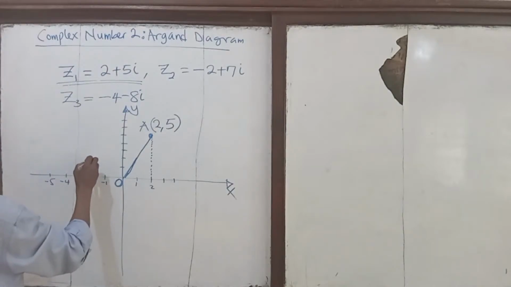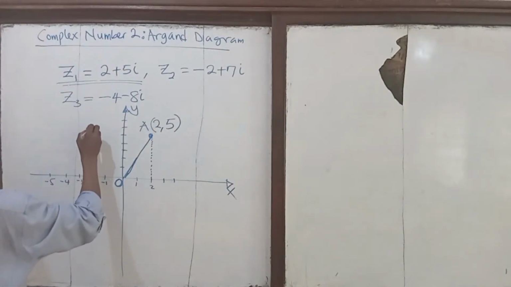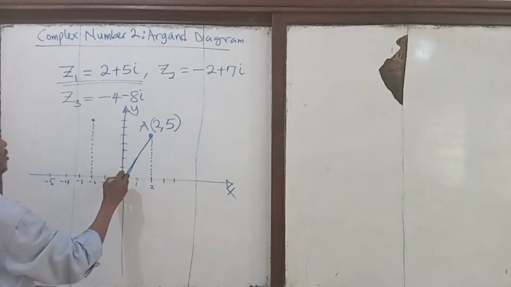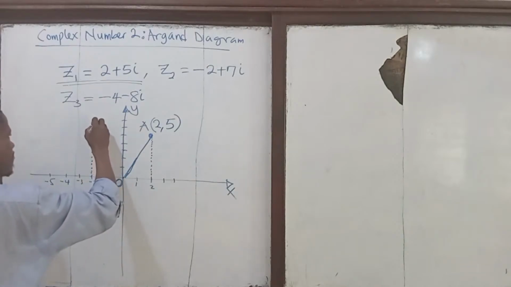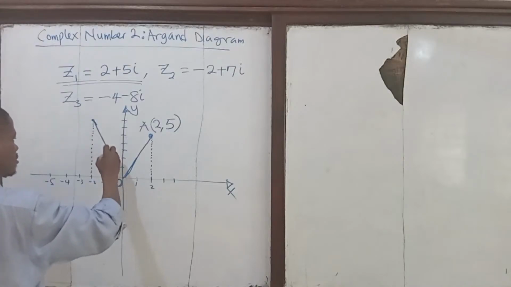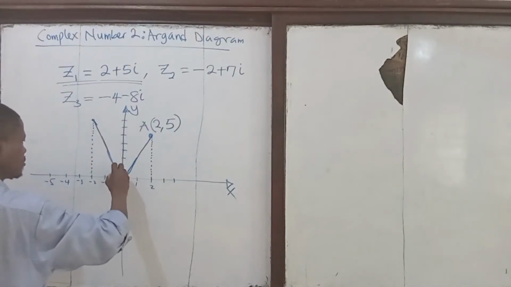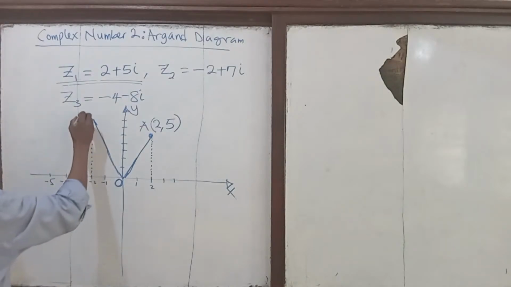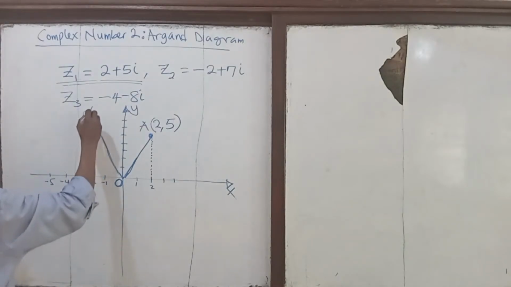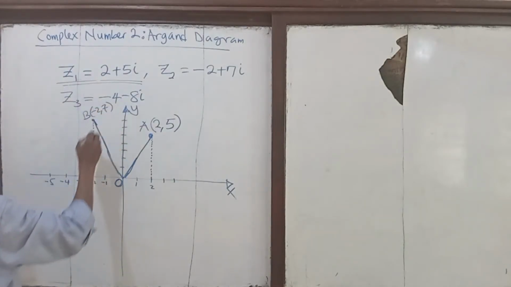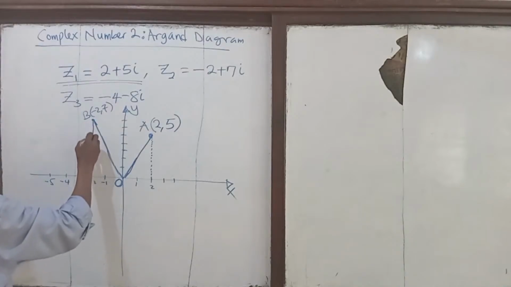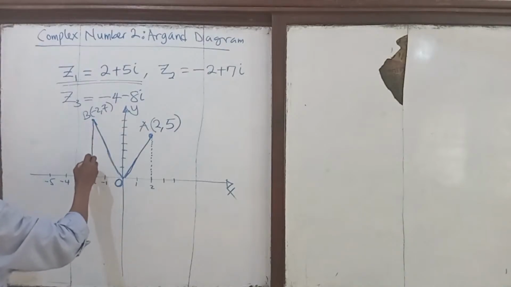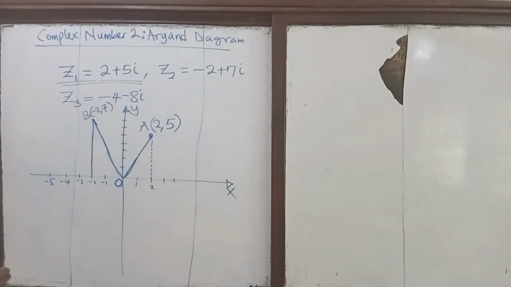So just go there, indicate the point, then from the origin you connect. So that's point B, and that is minus 2, 7.